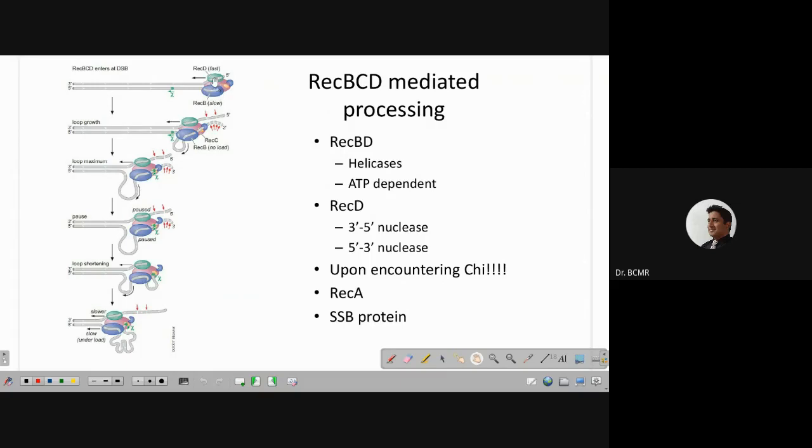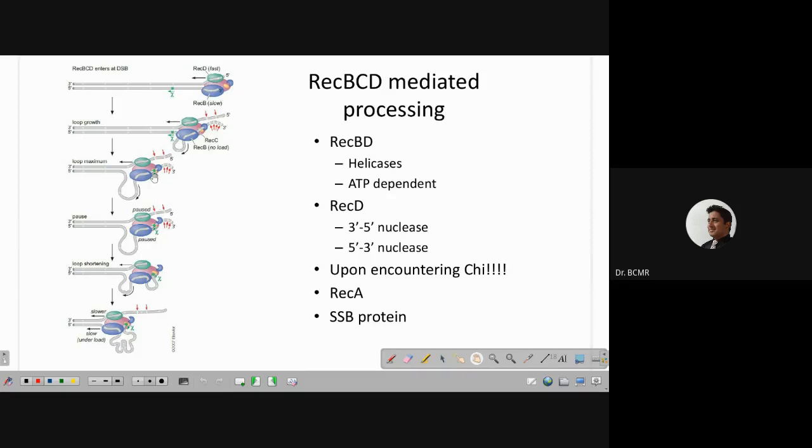So quickly, RecD, RecB, and RecC form a complex which starts with exonuclease activity and starts degrading. RecD is faster than RecB, so a small loop-like structure also forms here.